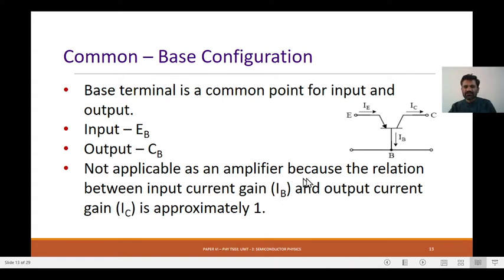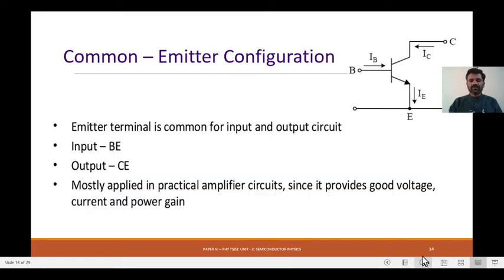The common base configuration cannot be applied as an amplifier because the ratio between input current IB and output current is approximately 1. How much current you are giving, so much only you are getting across the collector. Hence, this cannot be considered an amplifier.